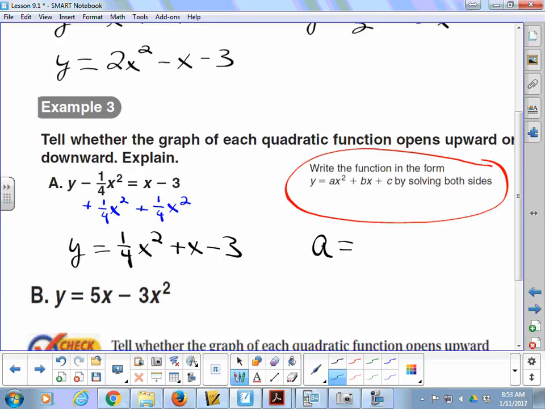Remember, a is the coefficient of x squared. So what number's in front of x squared? All right, Sabrina. 1/4. Is 1/4 a positive or a negative number? Okay, it's positive. So this means it's greater than 0, and this graph is going to open up.